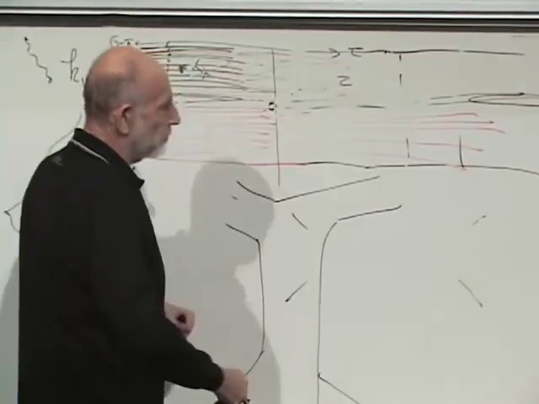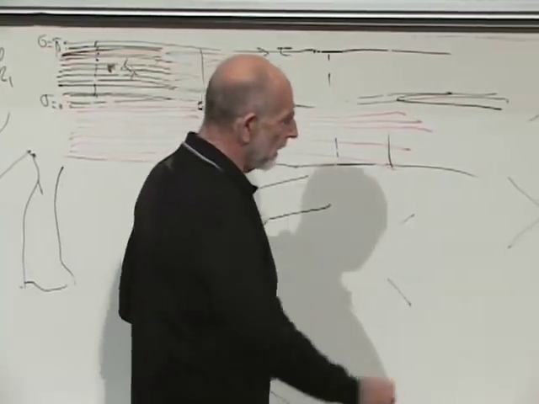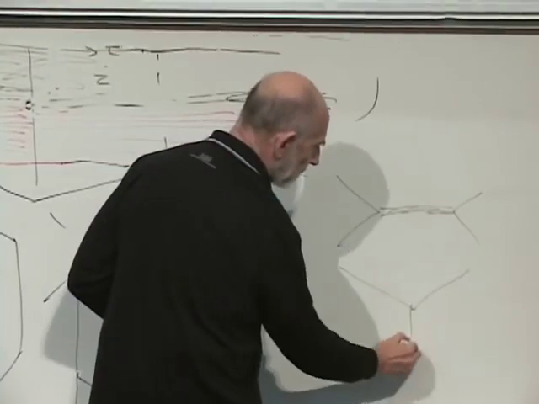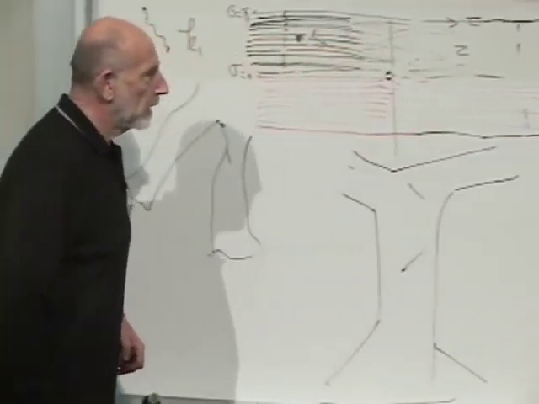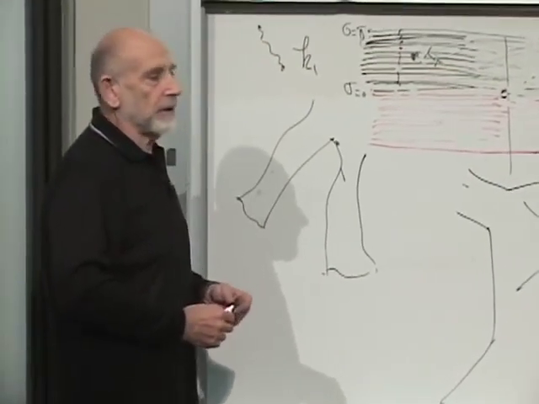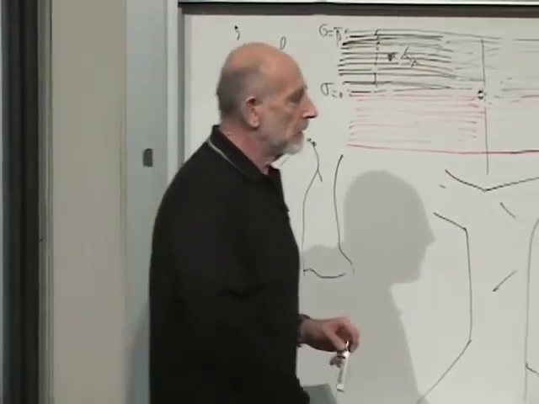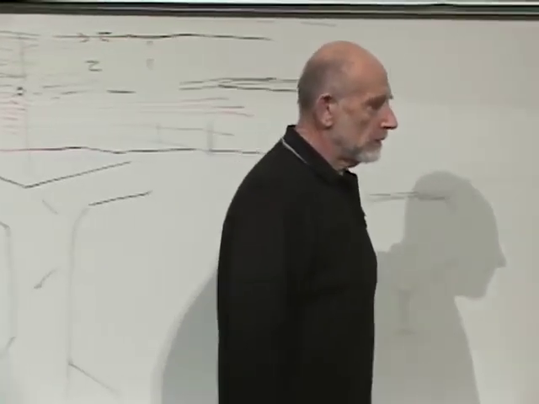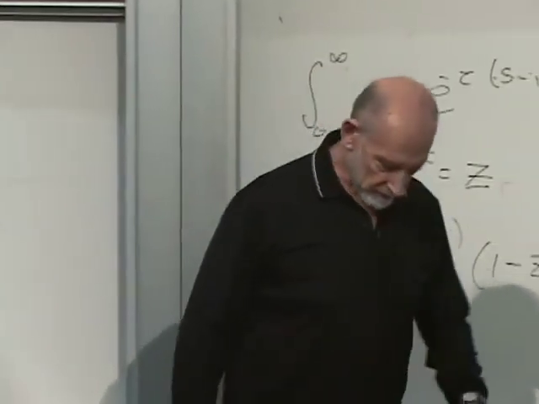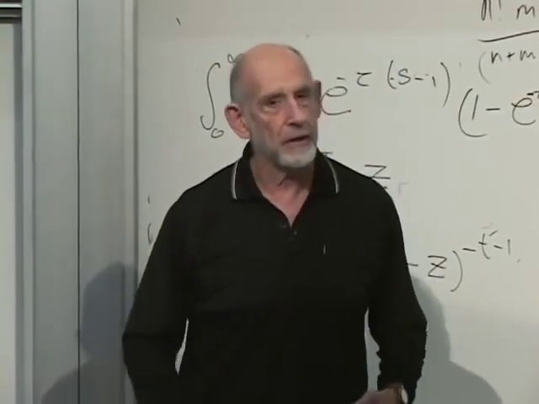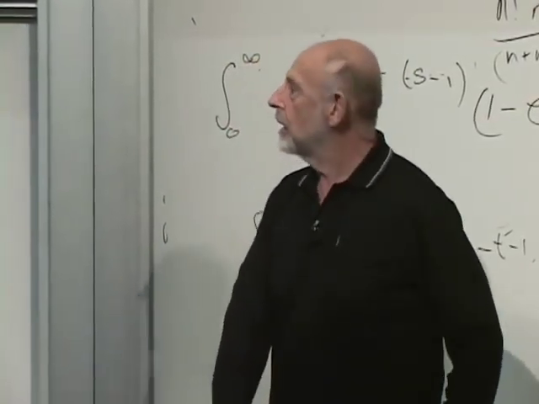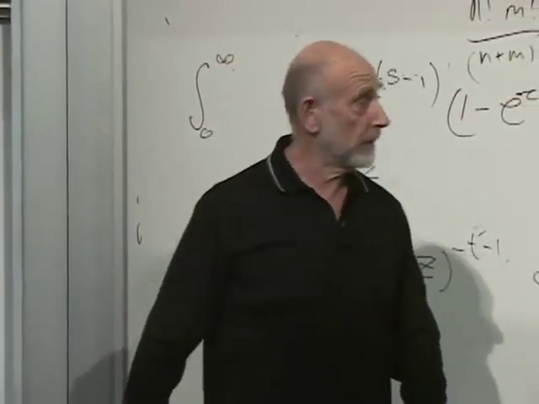That's the direct process I drew here, but somehow buried in it are also processes where particles are exchanged. And that was the magic of it. That was the surprise. A whole new logic of putting processes together to make new processes. Okay, any questions about this?